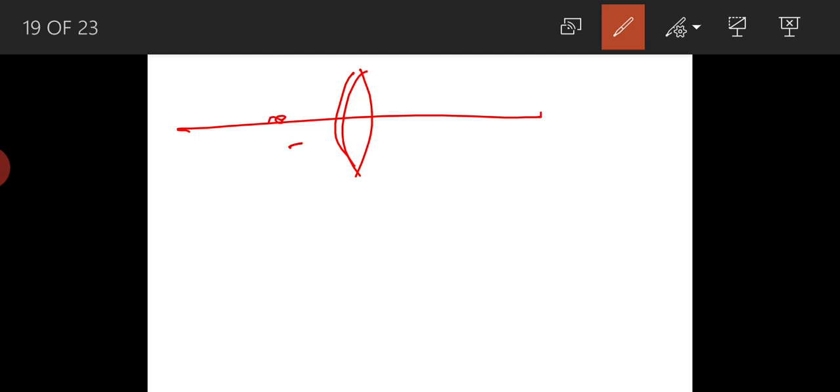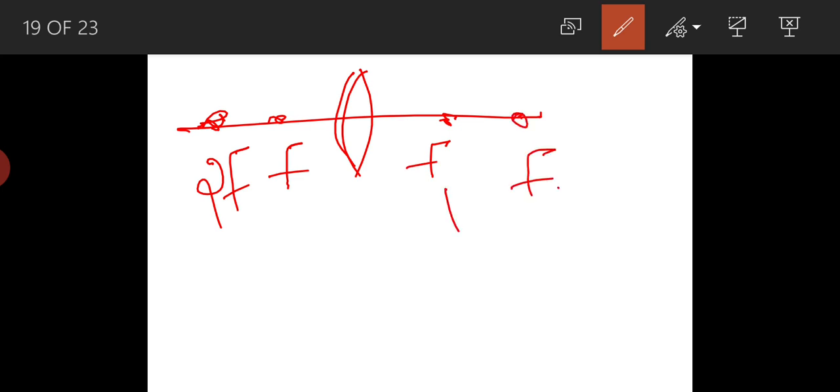Now here, one important point you need to understand is, previously we have seen that if we take a convex lens, this is the focus, this is the center of curvature, this is another focus, and this is another center of curvature.